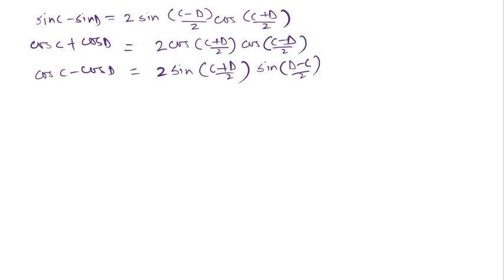So sine C plus sine D is 2 sine C plus D by 2 cos C minus D by 2. Sine C minus sine D is 2 sine C minus D by 2 cos C plus D by 2. Cos C plus cos D is 2 cos C plus D by 2 cos C minus D by 2. Cos C minus cos D is 2 sine C plus D by 2 sine D minus C by 2, and both are sine.